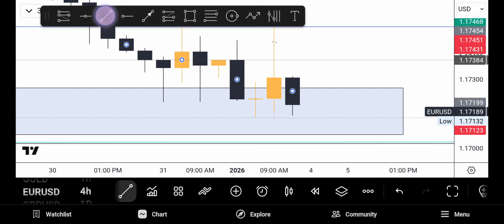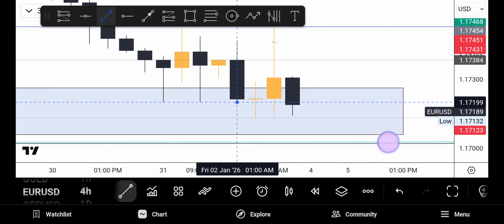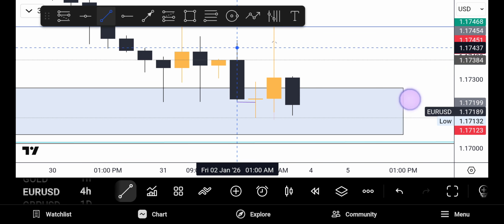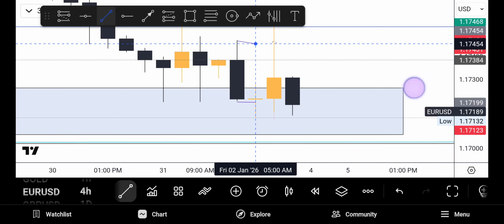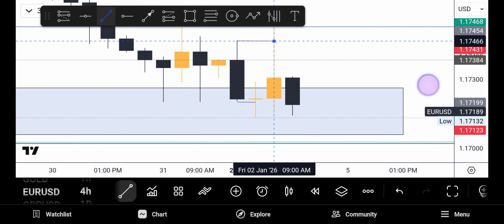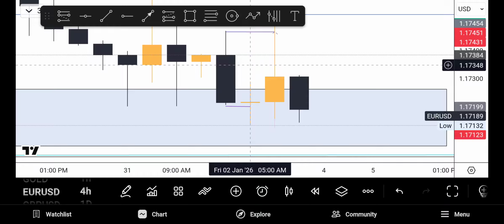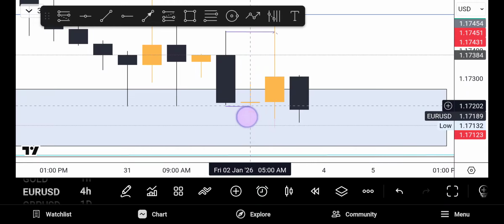So what you do is, for the first candle, you draw the low of that candle. The second candle, you draw the low and the high of that candle. The low and the high. Now you wait for this second candle that is forming to close in the range of the previous candle.